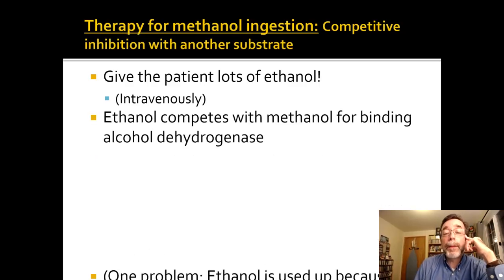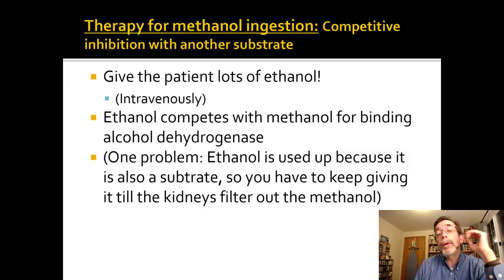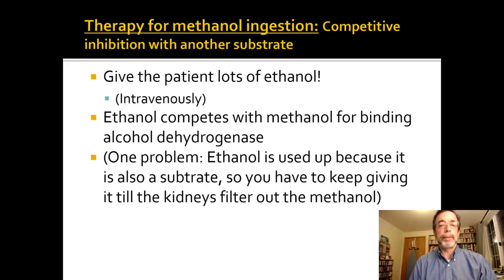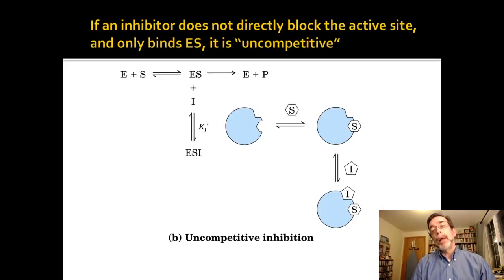Ethanol will compete with methanol, and the only problem is ethanol technically is not a classical inhibitor. It's used up because it's also a substrate. You have to keep on giving it to them to keep outcompeting the methanol until the methanol is cleared from the system.